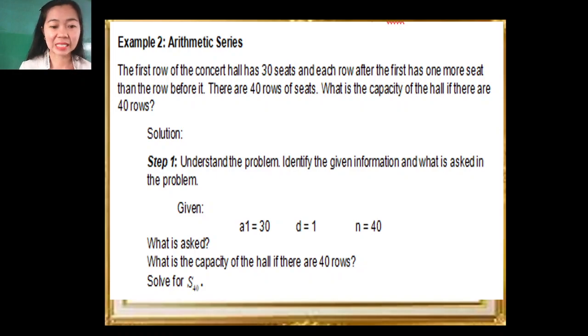Now, what is S? The capacity of the hall if there are 40 rows. Meaning, we are going to solve for S sub 40, the total number of chairs or seats from first row up to 40 rows. So, this is an arithmetic series. Kung i-add natin siya or isusulat natin yung series, siya ay 30 plus 31 plus 32 plus 33 plus 34 and so on and so forth hanggang sa maka 40 terms tayo, hanggang sa 40 rows.